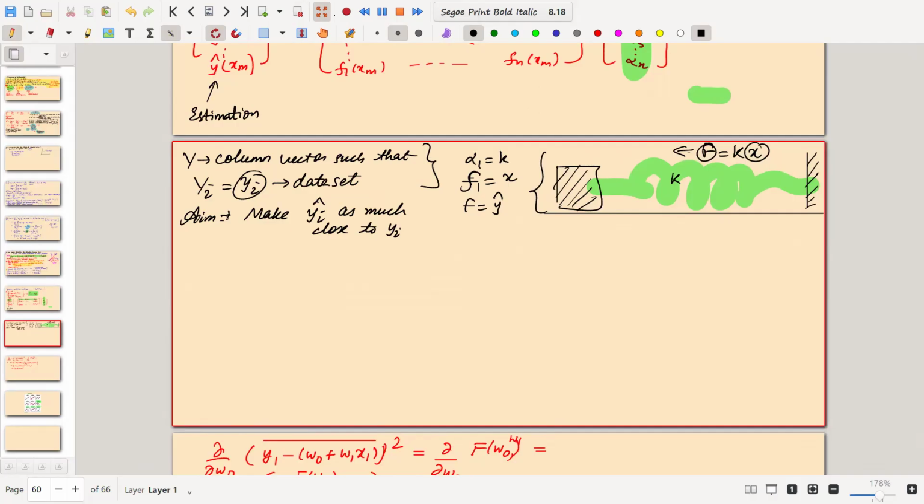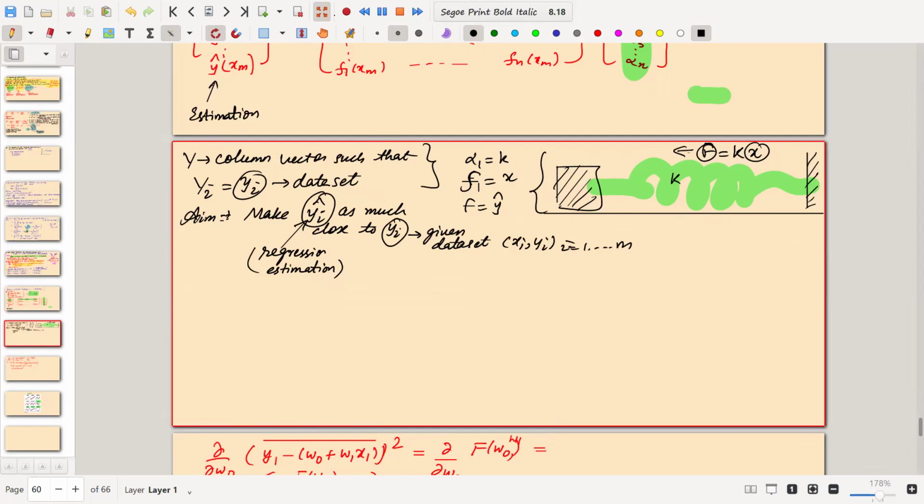Is everyone understanding this part? What is yi? It's your given data set. What is your data set? xi, yi, for i equal to 1 to m. These are the given data set. What is yi cap? It's the regression, the estimation.